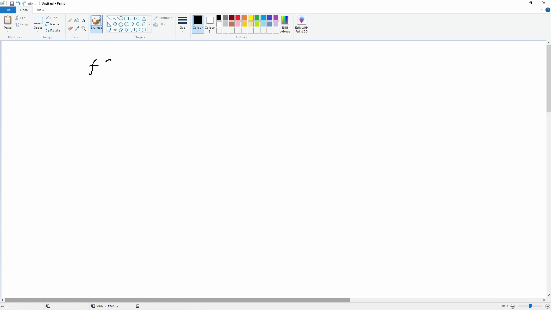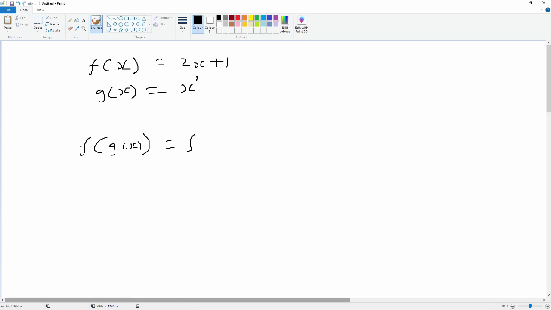So f of x equals 2x plus 1, g of x equals x squared, and let's do f of g of x, which is equal to f of x squared, which is equal to 2x squared plus 1.